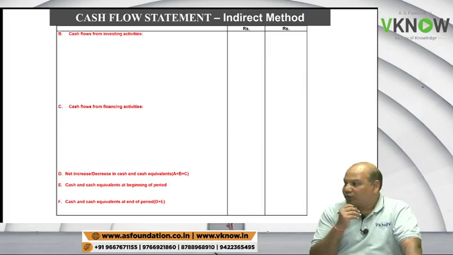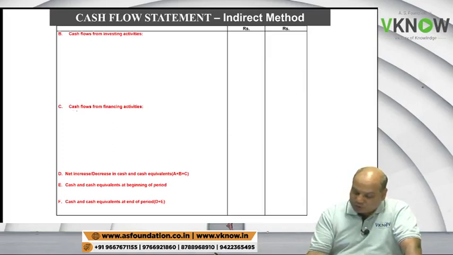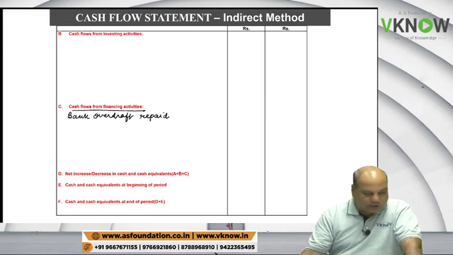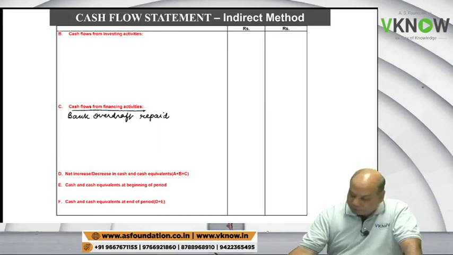So you will write in financing activity, bank overdraft repaid. Cash flow statement is an evergreen chapter applicable for all the years to come. So where are we? Bank overdraft repaid 59,510.